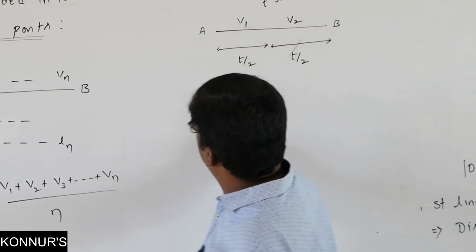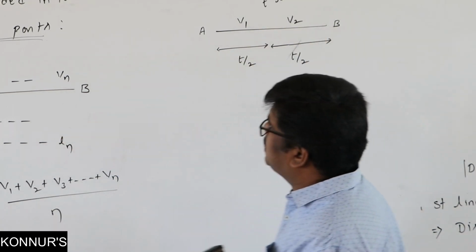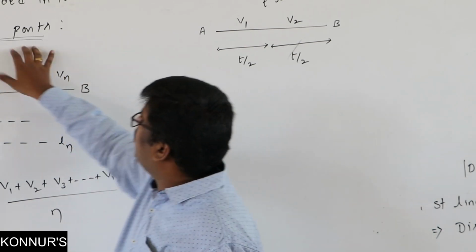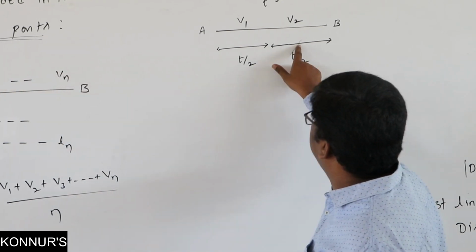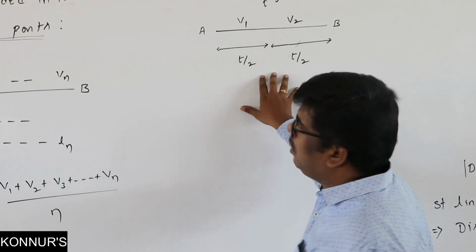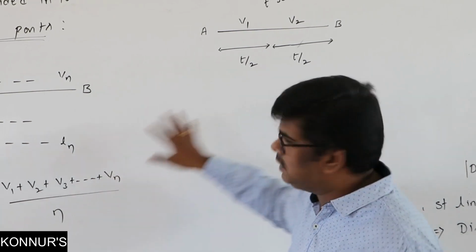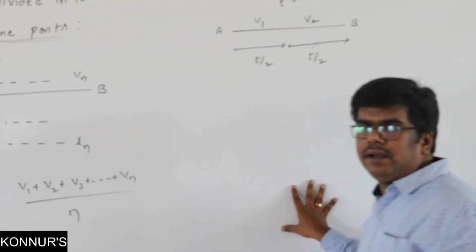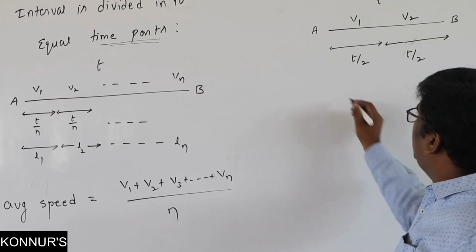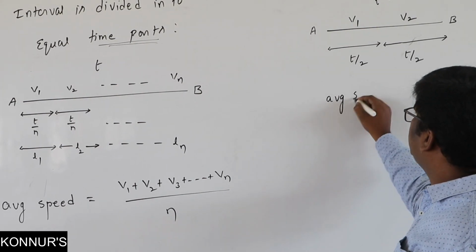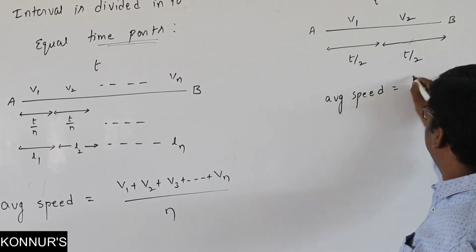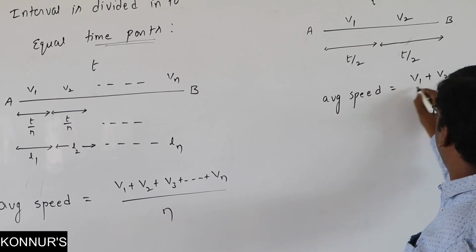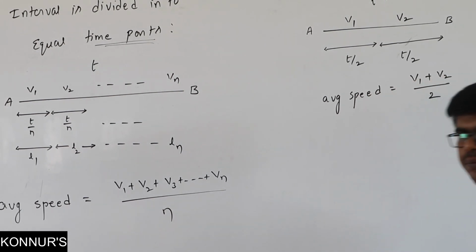This belongs to the case we just discussed, equal time parts. Here the total journey is divided into two equal time parts. Then the average speed for two equal parts is v1 plus v2 by 2.